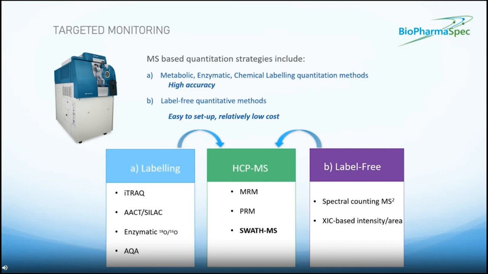So these labeling techniques can tag peptides metabolically, enzymatically, and chemically, and have been primarily developed for monitoring differential protein expression. And I've included a few examples of the techniques in the blue table below.